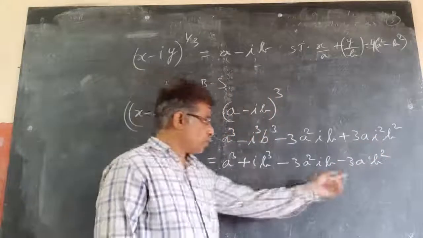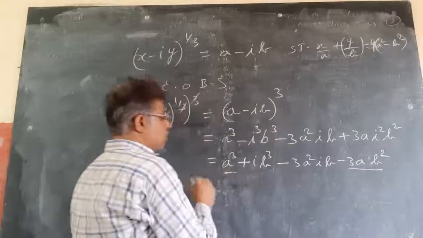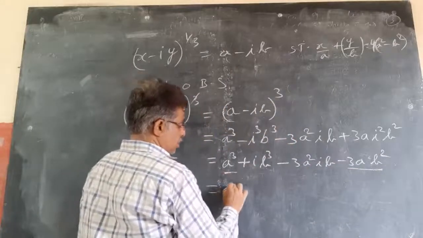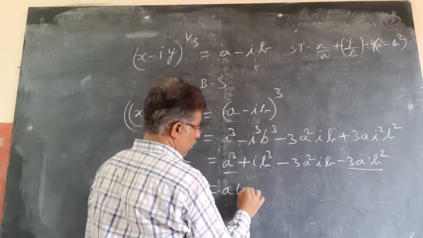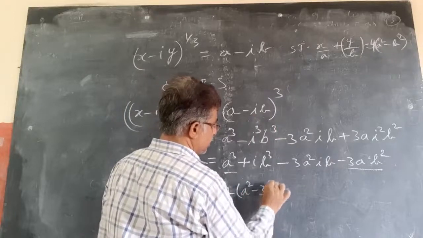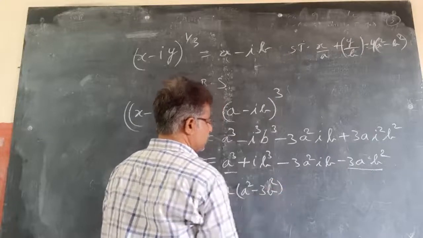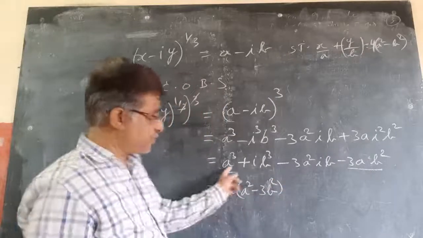Now I will group these two. From these two I will take a common. So a into (a² - 3b²). I am taking a common at a time from this.